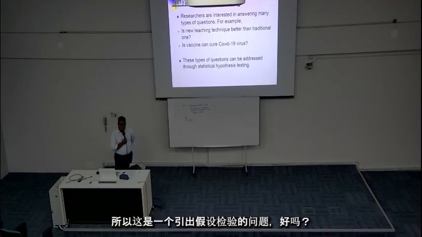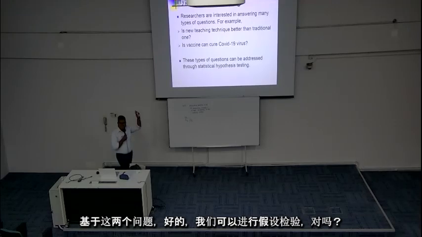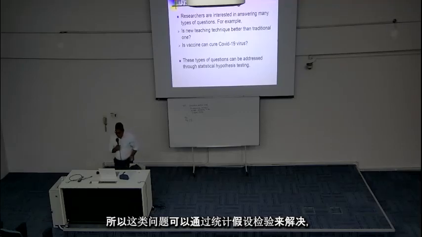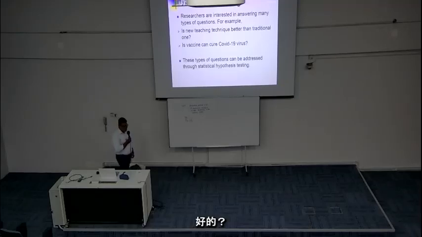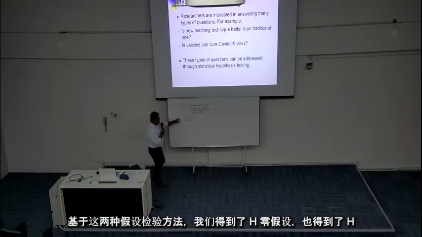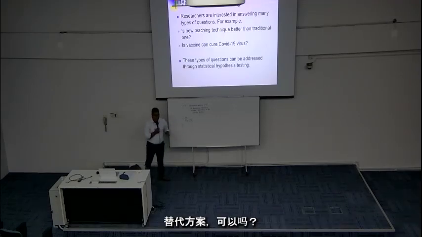This is a question that leads to the hypothesis testing. Based on these two questions, we can apply the hypothesis testing. This type of question can be addressed through statistical hypothesis testing. Based on these, we have the H null and also the H alternative.